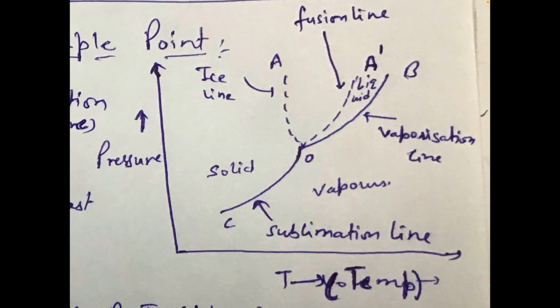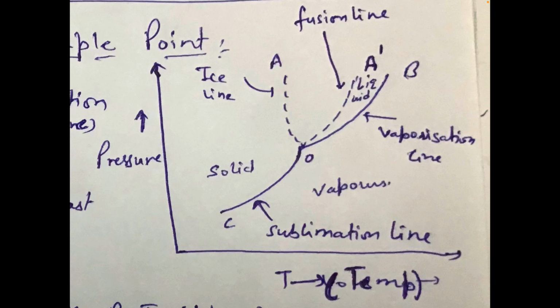whose slope is negative. Its slope is negative because if we look at the first latent heat equation, which was dP by dT is equal to L by T (V2 minus V1), that is dP by dT is inversely proportional to V2 minus V1.